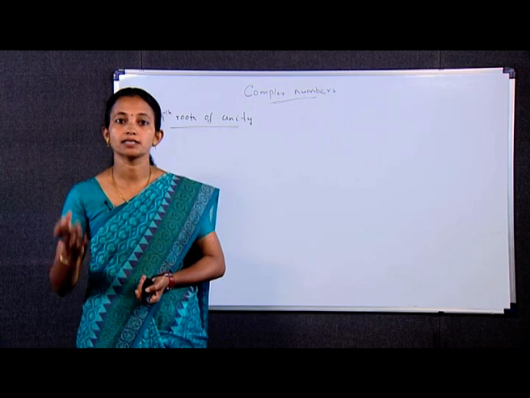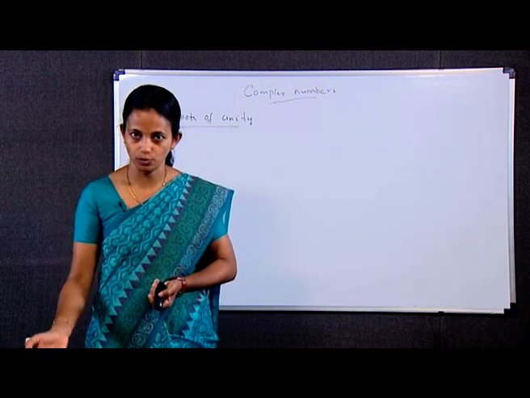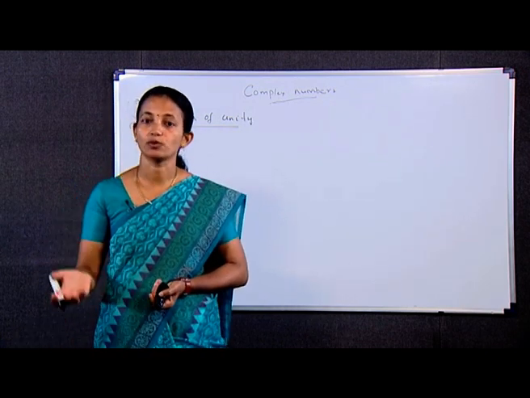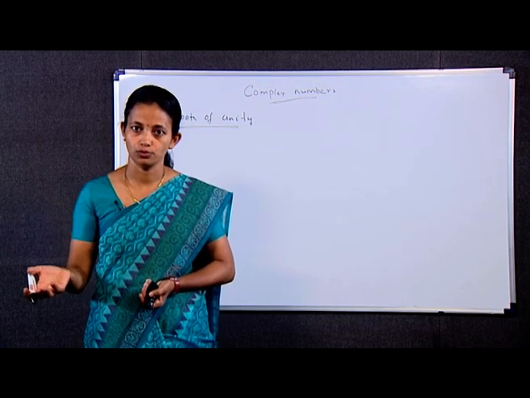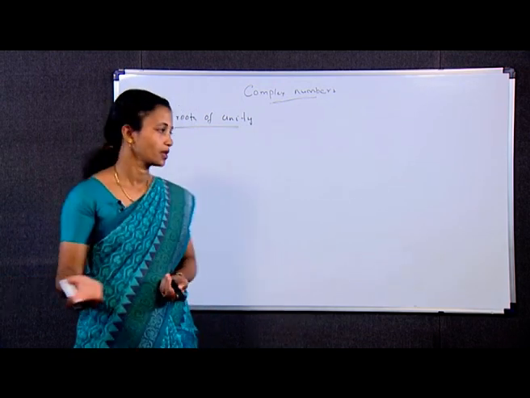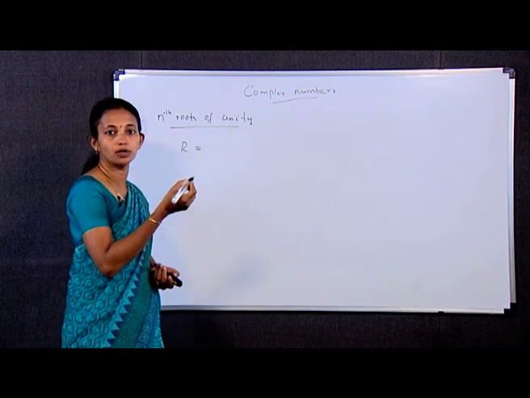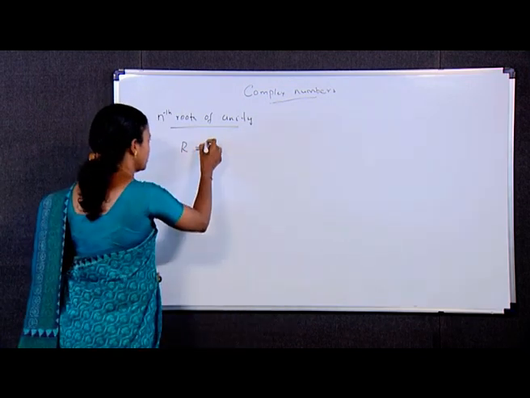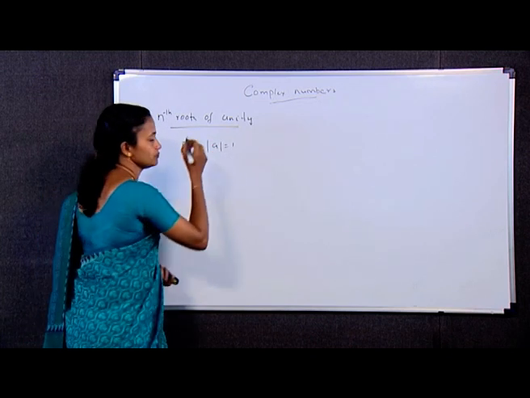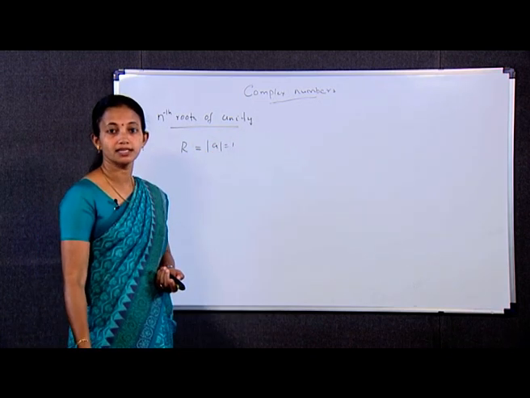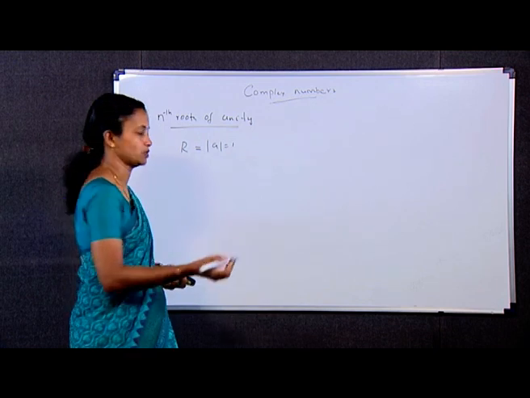We have r equal to modulus of A, which is equal to 1, and phi equal to argument of A, which is equal to 0.